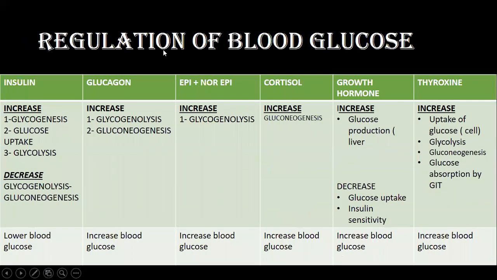Then we see the regulation of blood glucose. If you have studied the metabolism of glucose, glucagon and insulin in our lecture on diabetic ketoacidosis, you can easily recall this. Insulin increases glycogenesis, glucose uptake and glycolysis, and decreases glycogenolysis.